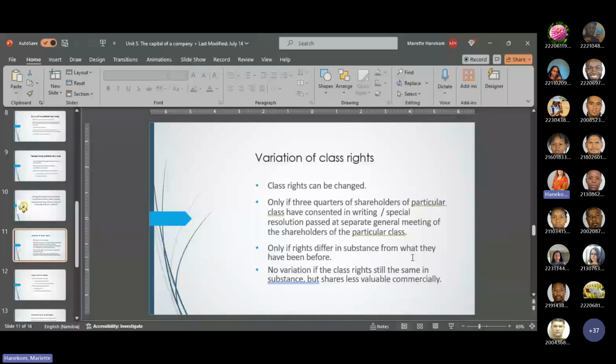Class rights are only varied if the rights, the flowers in that bunch, differ in substance from what they have been before.